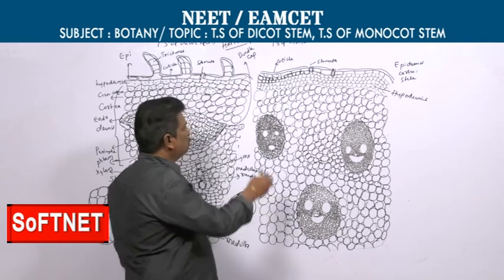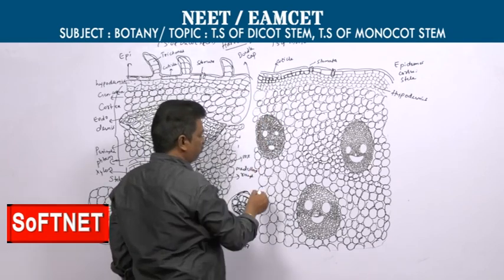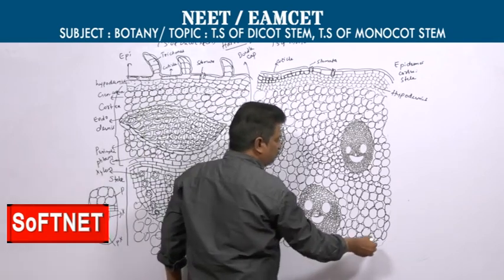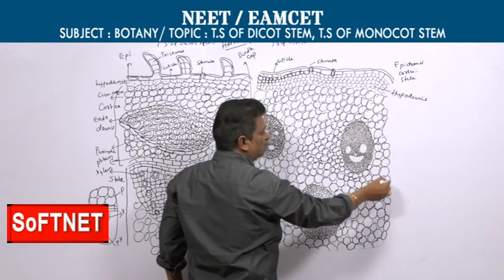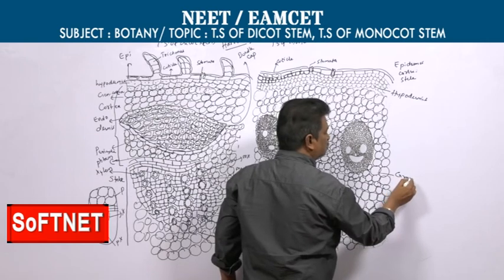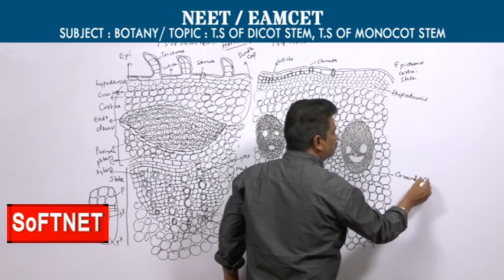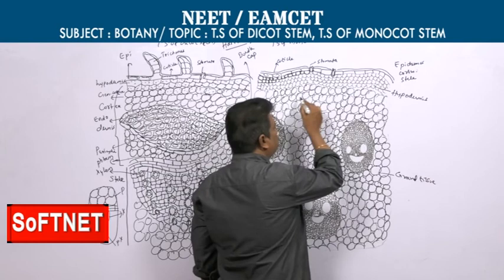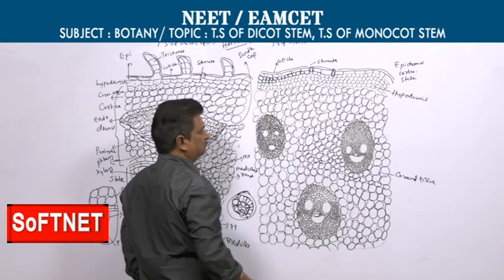Then, the bulk portion of monocot stem is ground tissue. This ground tissue is made up of parenchymatous cells.